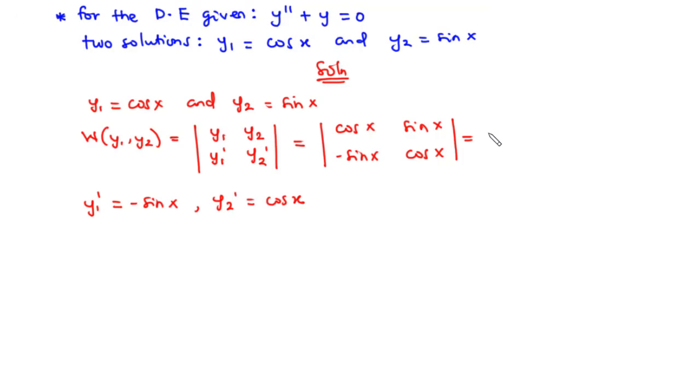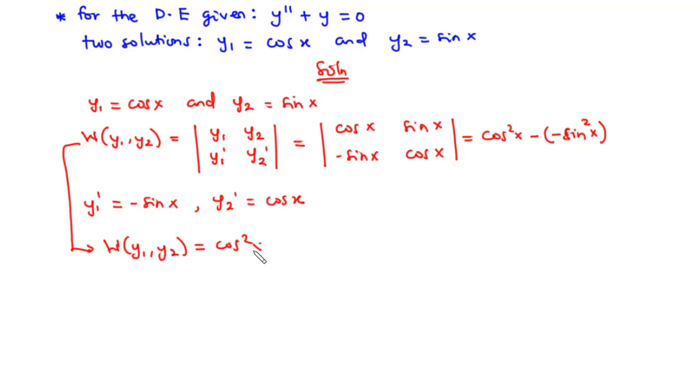We multiply these two functions. Cos x times cos x gives cos square x, minus negative sin x times sin x, which becomes negative sin square x. Now we have the Wronskian equal to cos square x, this becomes plus, so plus sin square x, and we know from trig identities that this is equal to 1.